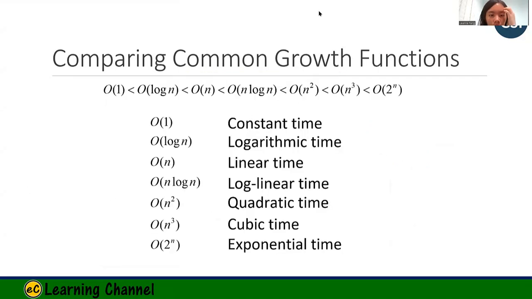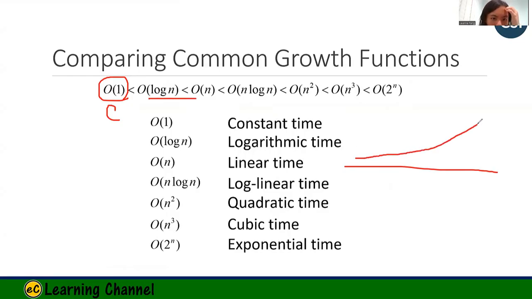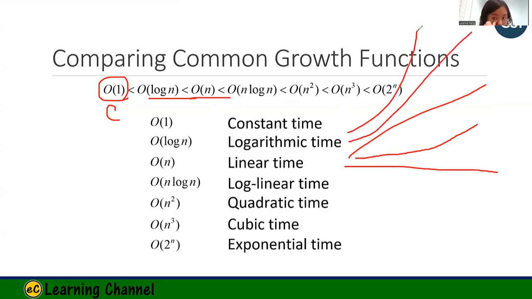So the growth rate of 1 is constant time. Log n grows slowly. Then order n is linear. Order n log n is slightly longer. N squared is like this. N cubed is faster. 2 to the power n is even faster.